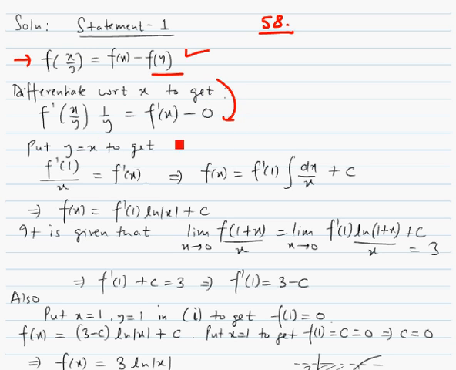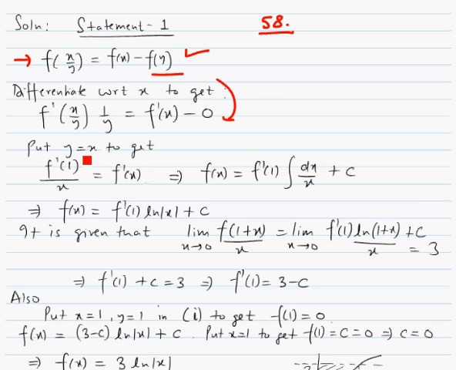Now after differentiating, we want to generate a differential equation in x or in y. Basically we have to remove one of the two variables, either x or y, and we have to make sure that finally what we get involves a derivative term.